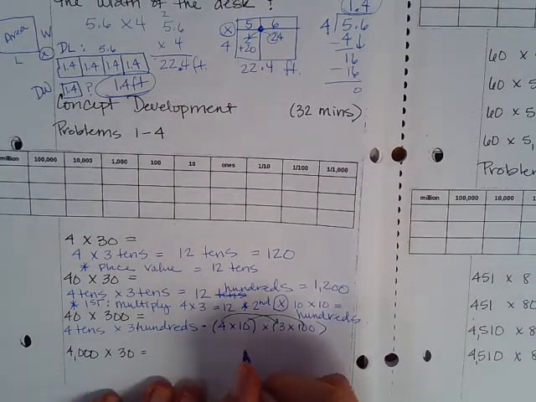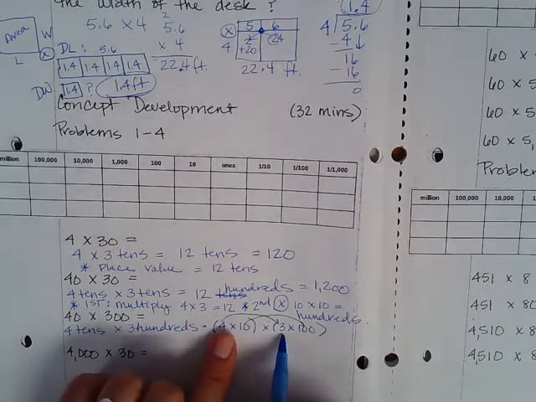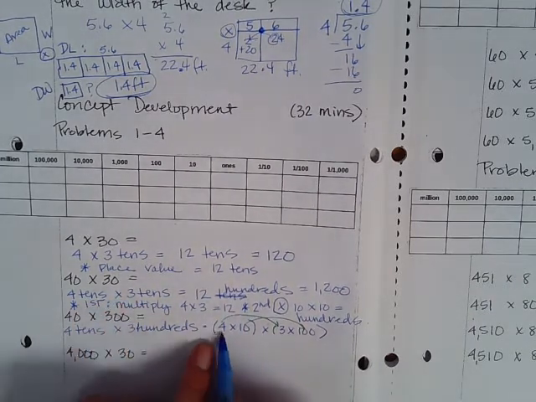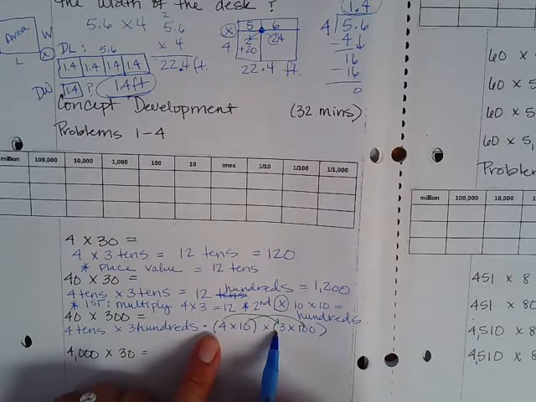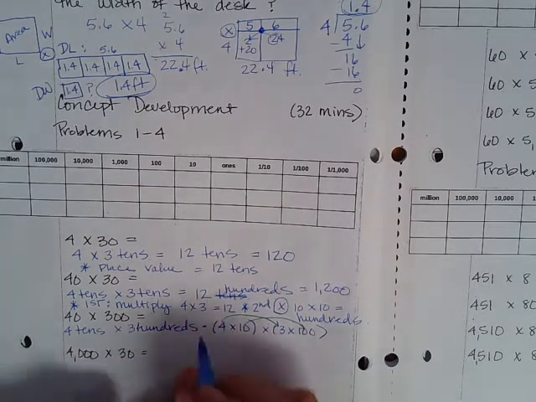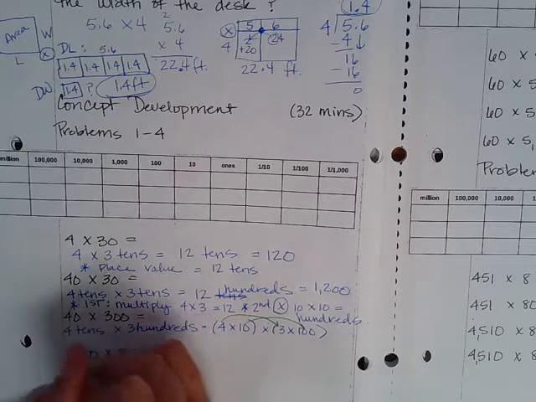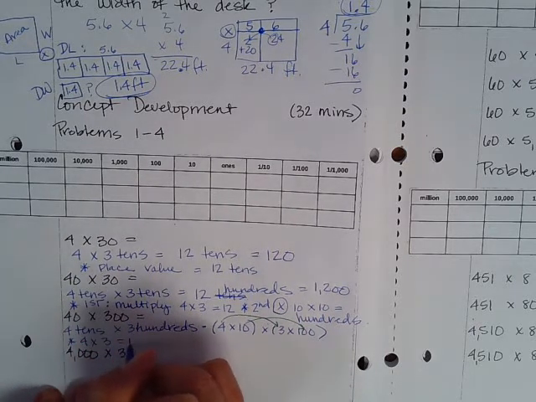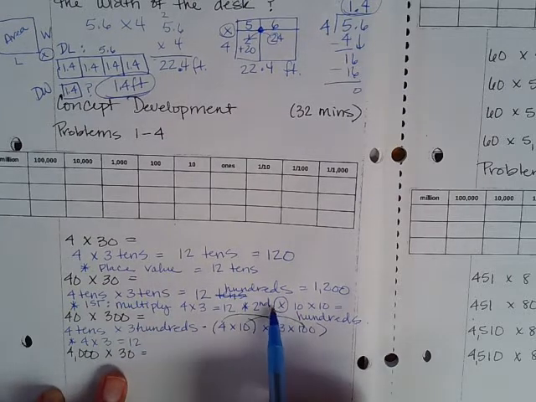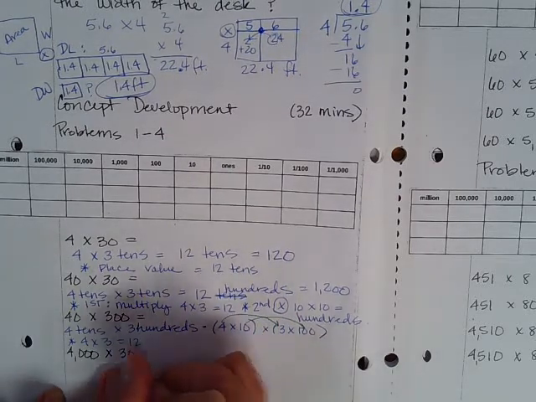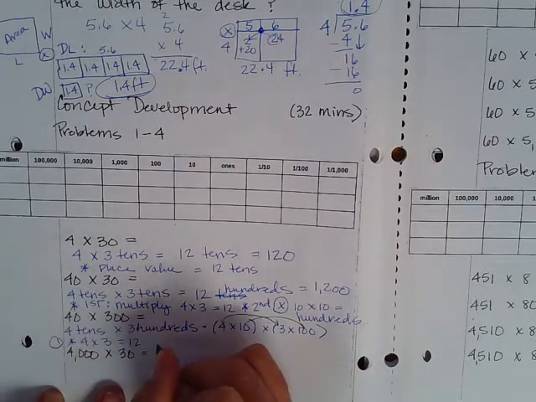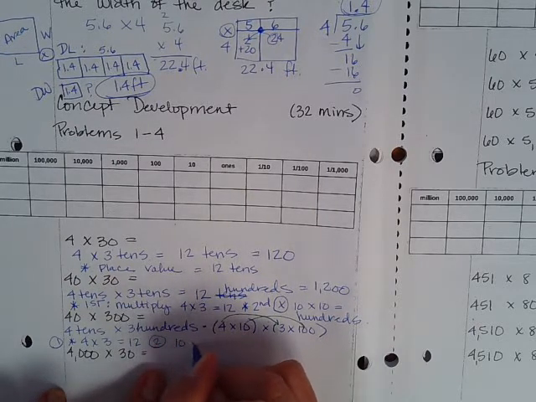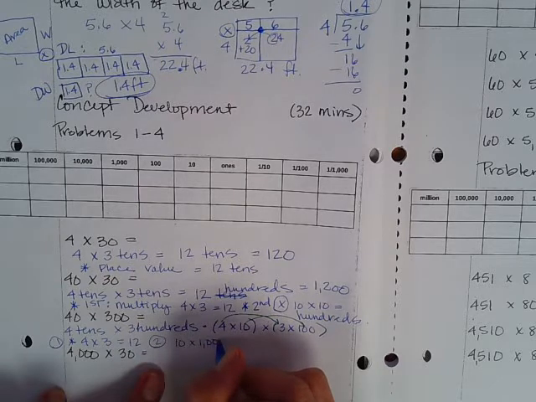So this is the same thing as what we were doing up here. So 4 times 3, that's what we did here, 4 times 3, right? So 4 times 3 equals 12. Step number 2. So if this is step 1, here is step 2. 10 times 100.